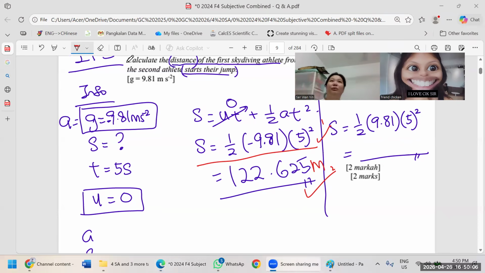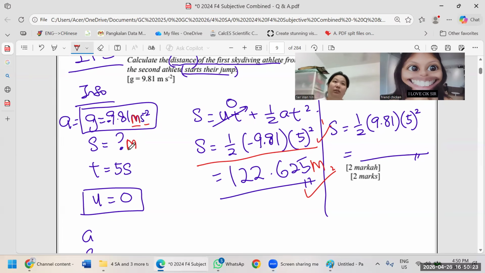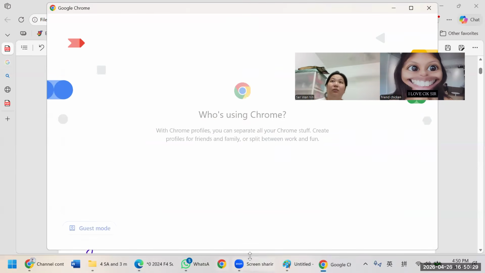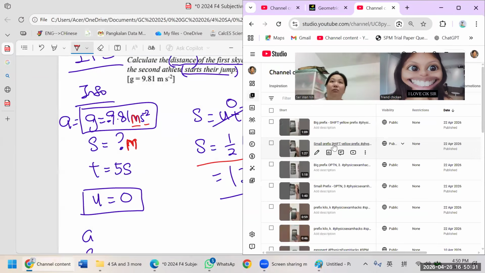Always write the unit properly. Why must the unit be meter? Because here, you see, this is meter per second, SI unit. So this one must be in meter too, SI unit.